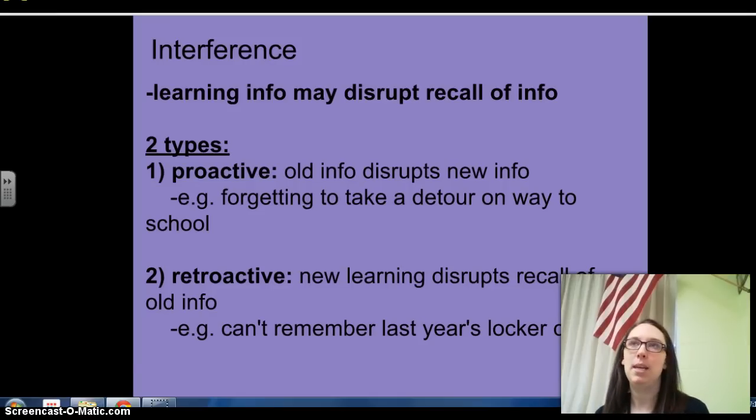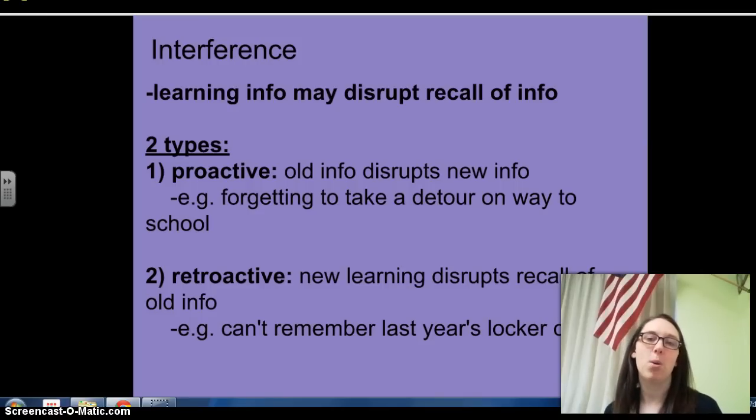An example might be, let's say there's a detour that has recently been set up on your way to school. And so for a couple days, you remember to take the detour and you're good, and you know that as opposed to turning right out of your house, you have to turn left because of the detour. So the first couple days, you're remembering correctly. And then the fourth day in, you forget and you try to turn the old direction out of your house because you've forgotten the detour exists.